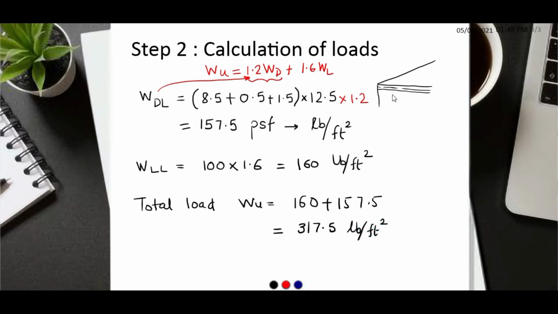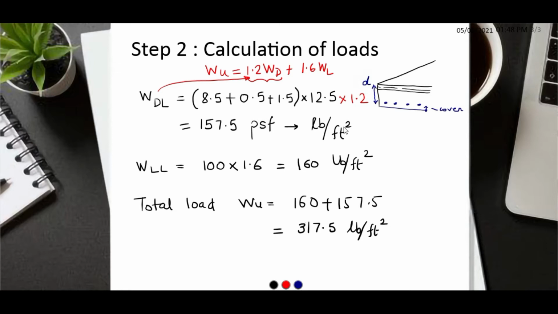And also, see, we will provide reinforcement somewhere here in our slab. So effective width will be this much. That means we need to subtract this distance, which is called cover of steel.